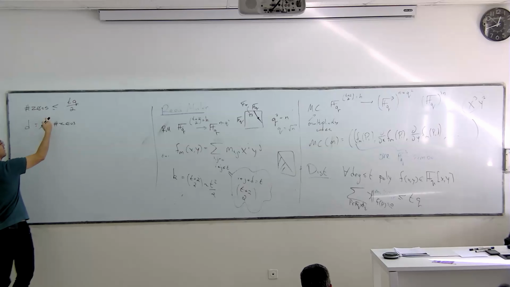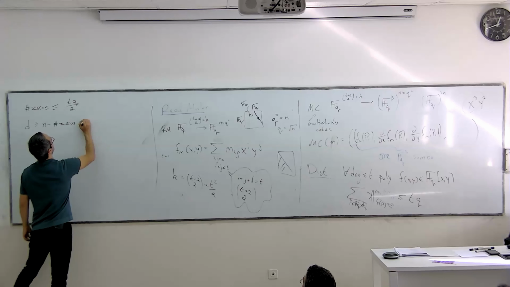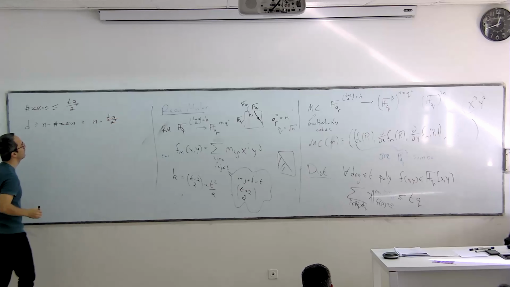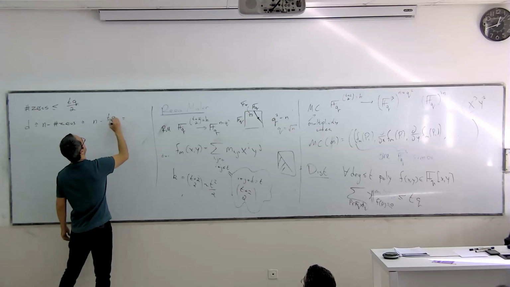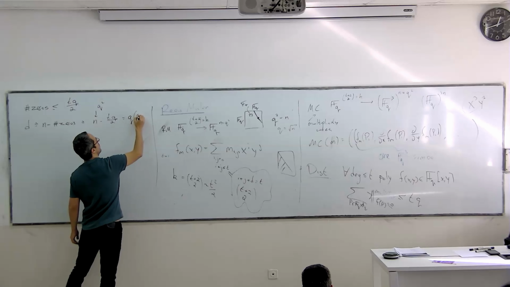You can take it to be at most n minus TQ over 2. And n is q squared, just remember that. And this is q squared, as before. So this is q minus 2 over 2.